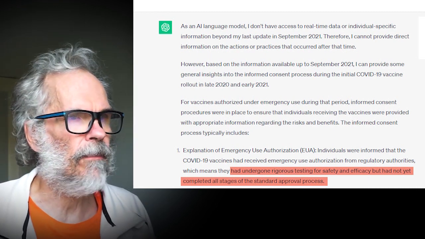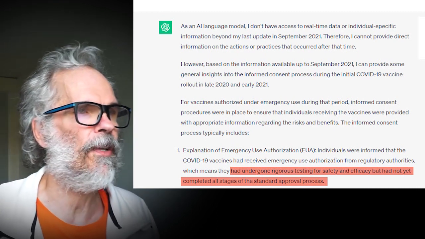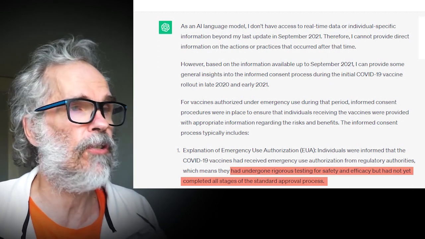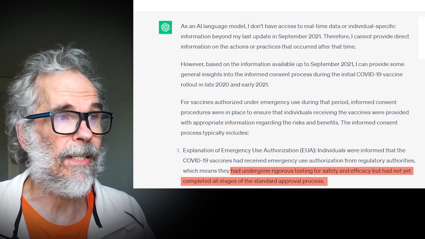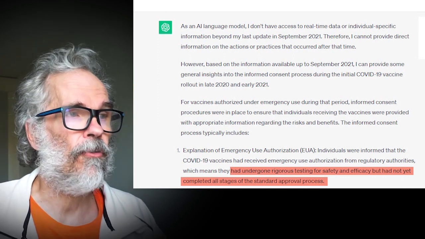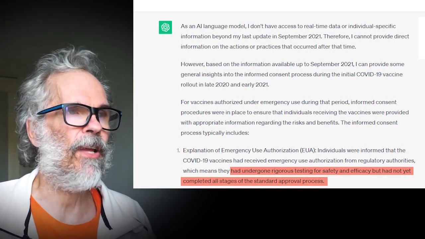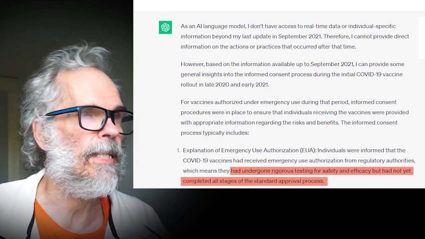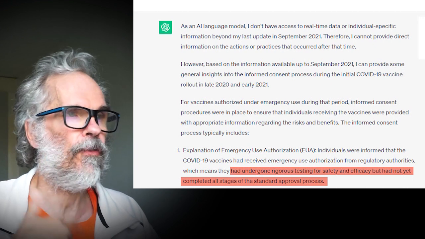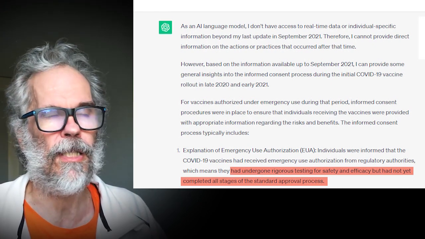First, the individuals were informed that the COVID-19 vaccines had received emergency use authorization from regulatory authorities, which means they had undergone rigorous testing for safety and efficacy, but had not yet completed all stages of the standard approval process.